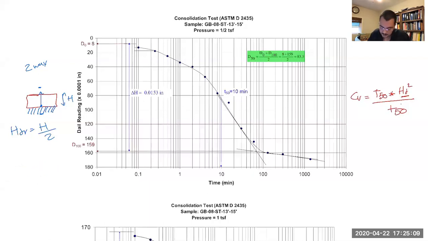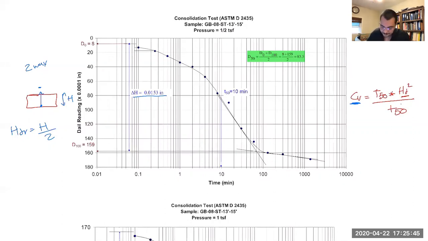And we mentioned that our case is two-way drainage, but when we calculate Cv for each time step, for each load increment, it's going to change. Why? Because the height of the soil sample has undergone some deformation, and we need to deduct that from the height, or add it if it has increased in volume, by this strain or this change in volume.